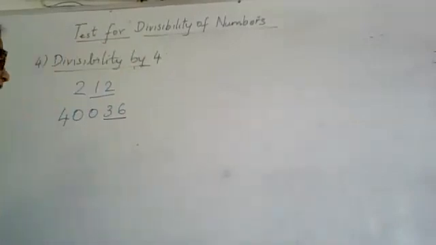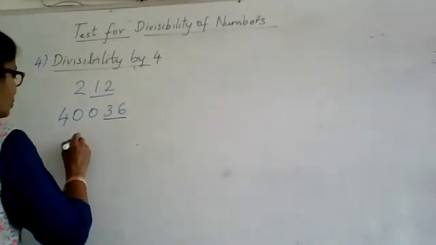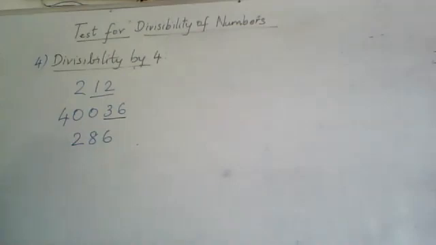Sometimes it can happen like this. Suppose I have the number, let me take an example of a bigger one, 286. How do I say whether this is divisible or not? I have to take the last 2 digits.